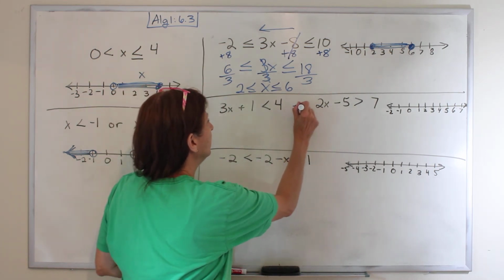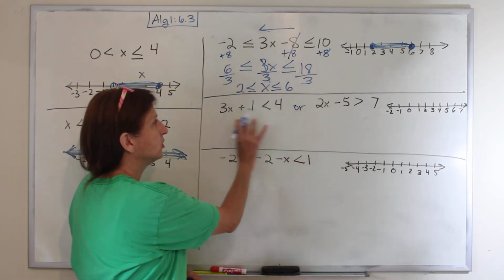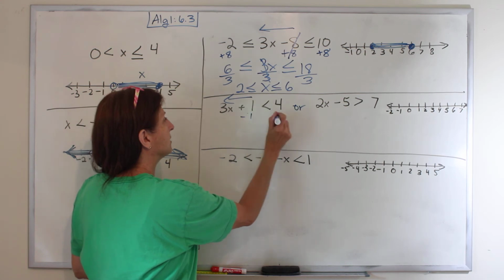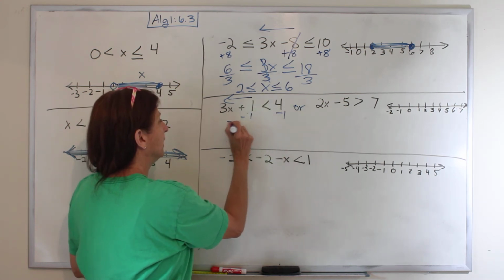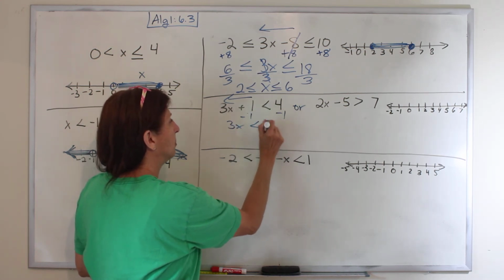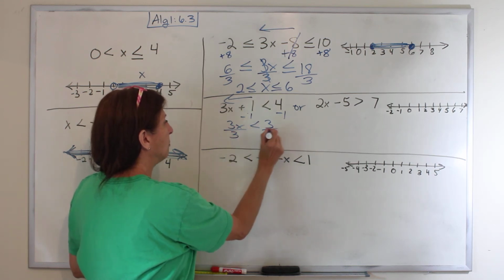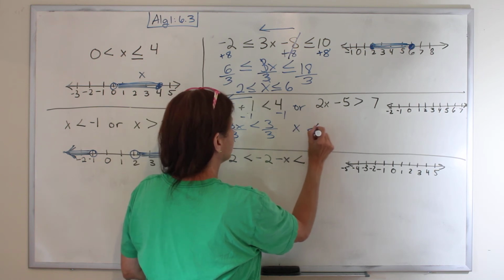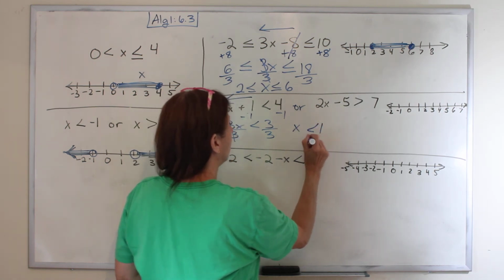This is an or one. So we do both of these. You just do them regular. Why is x not alone? That plus 1, we do a minus 1. Bring down what you didn't mess with. We're not flipping. Do the opposite. Divide by 3. Those cancel out. So x is less than 1.